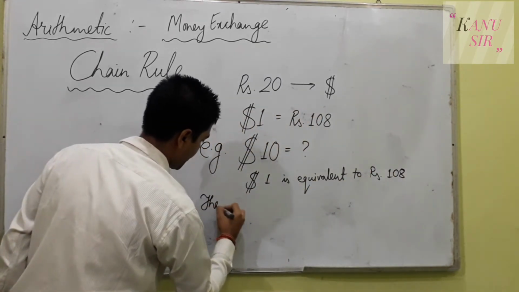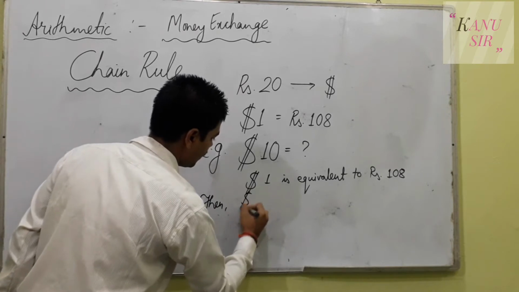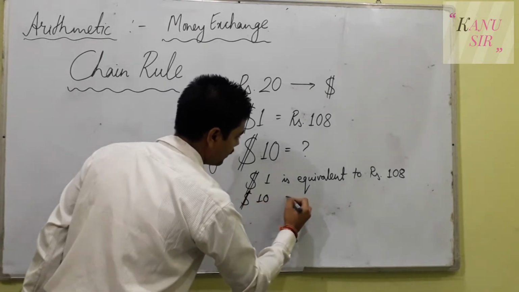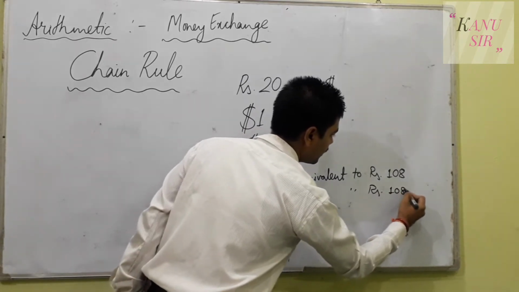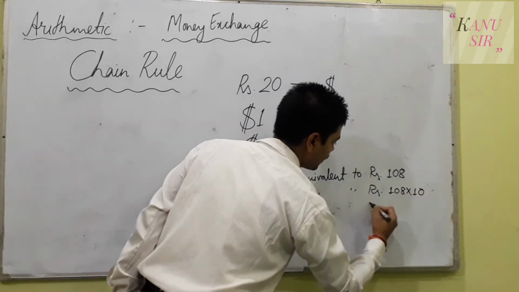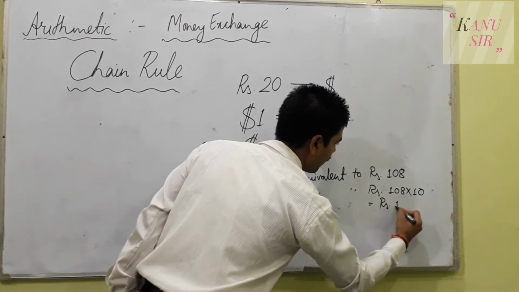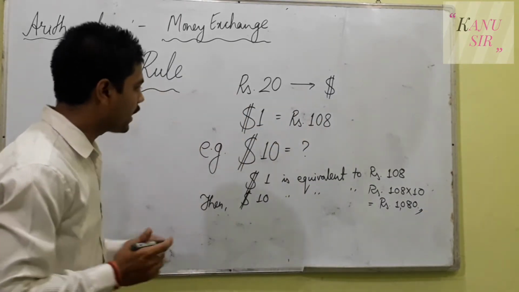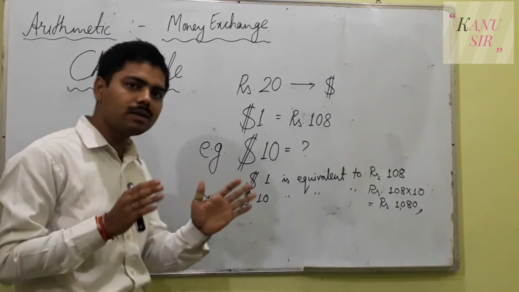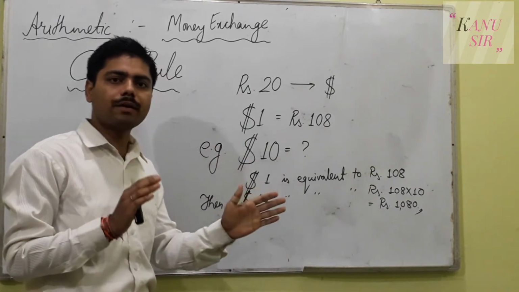Then $10 is equivalent to rupees 108 times 10, and the value comes to rupees 1080. So this is one method when you have only two types of currencies.